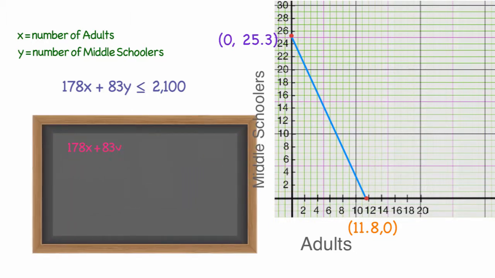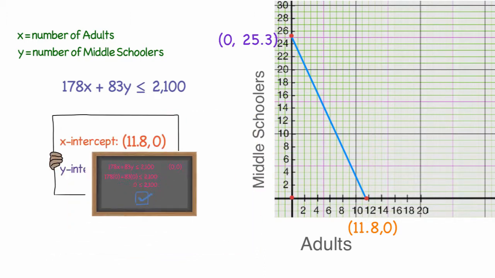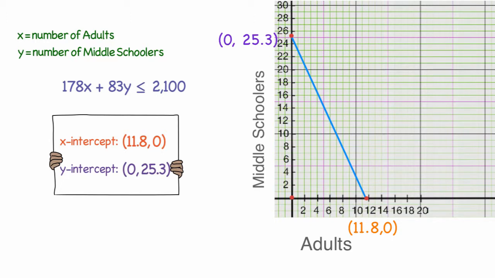So let's see if we can find some possible combinations that are less than 2,100 pounds. Well, an obvious combination would be if you had no adults and no kids. So that was (0, 0). And when I plug this into the formula, I get a true statement, of course. And if you found one solution, you can find all the possible combinations that work here. So just by looking below the graph, I would see, what about 8 adults and 2 kids?